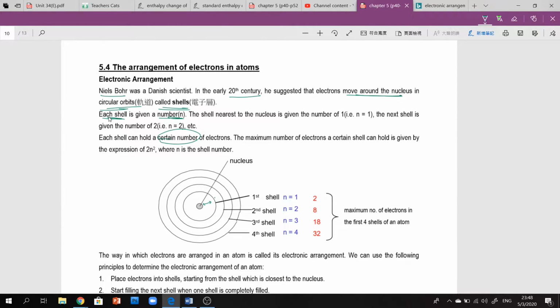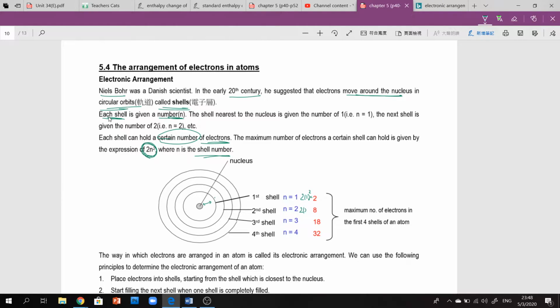Each shell can hold a certain number of electrons, which can be found with the formula 2n squared, where n is the shell number. For example, n equal to 1: 2 times 1 squared gives 2.